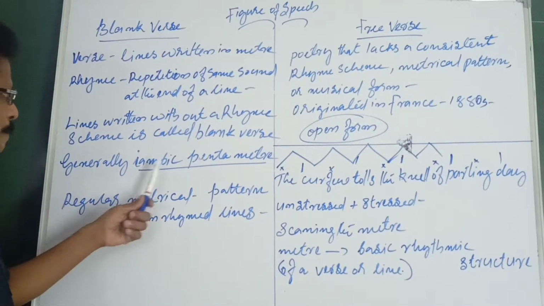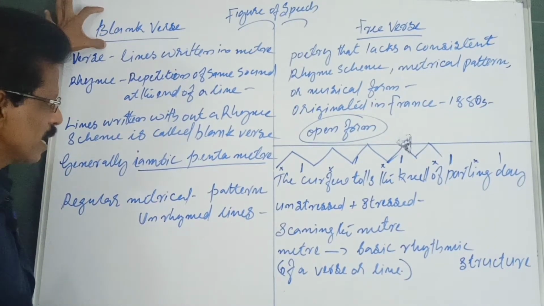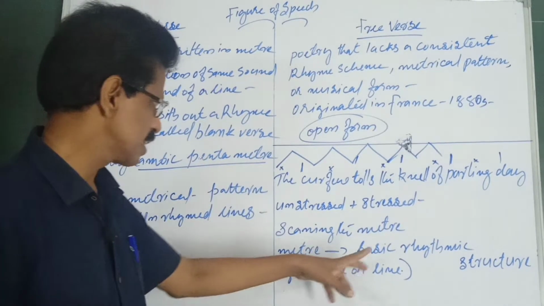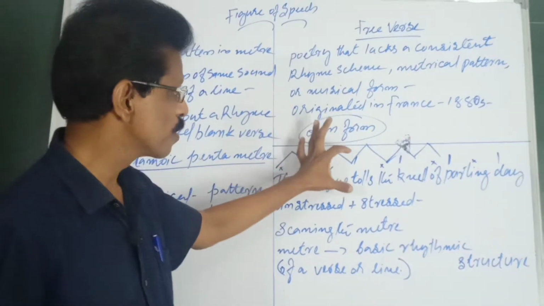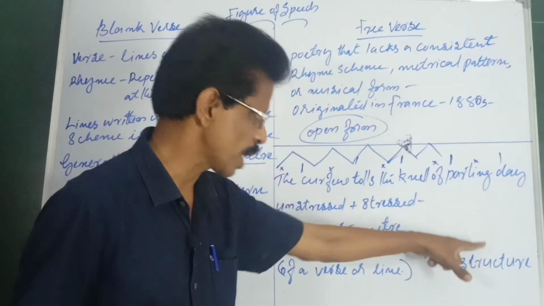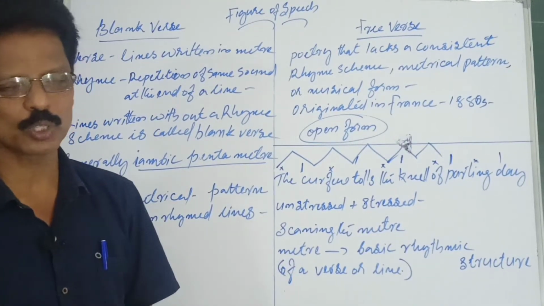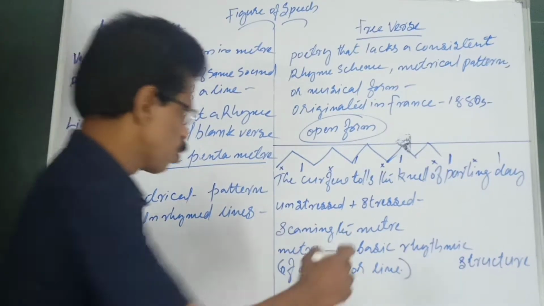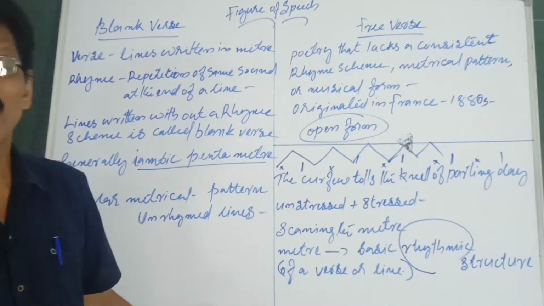See, iambic pentameter. To write blank verse, there will be a rhythmic structure. This method of reading according to the rhyme scheme will give a musical effect to the lines or poem. It is called rhythm. Rhyme and rhythm.